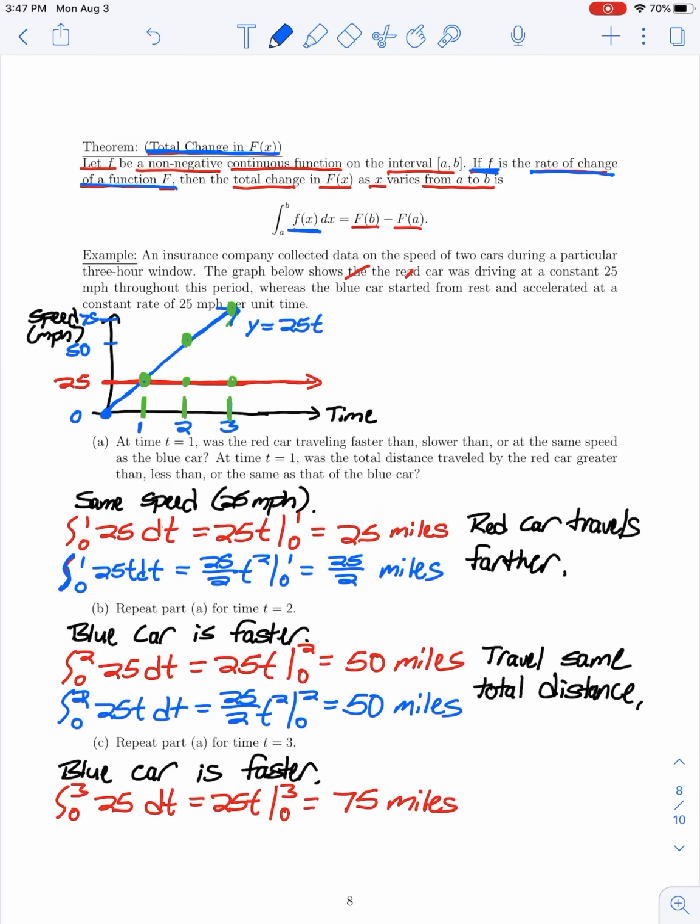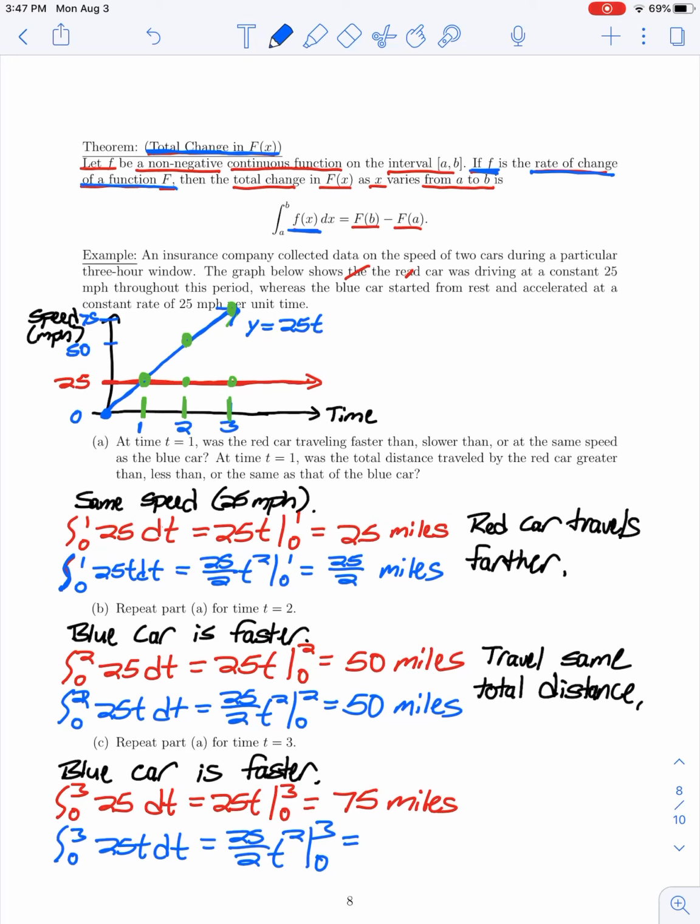And our blue car had a speed of 25t dt, integrating from 0 to 3. We have 25 over 2 t squared from 0 to 3. So let's see what this gives us.